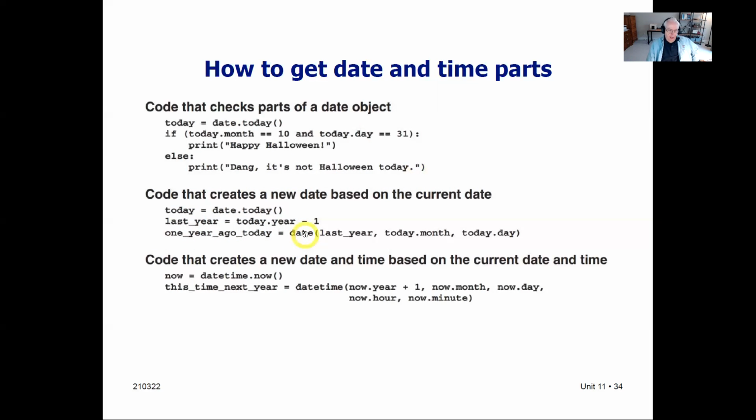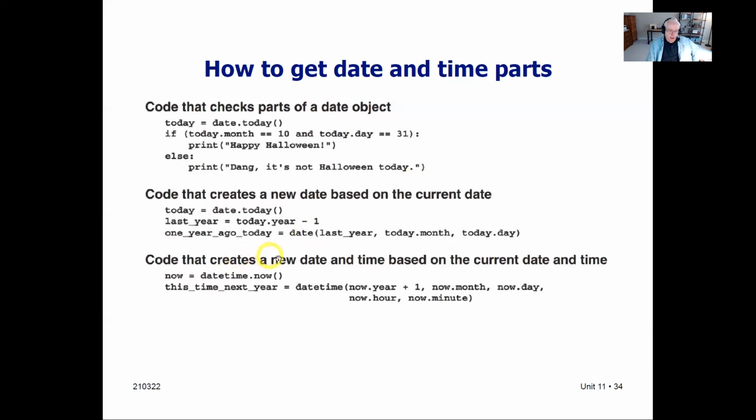We're actually creating an object here using the date method. So last year plus today.month and today.day. Now, these three values are integers, and this is going to be a date object, because we use the date method to create it.